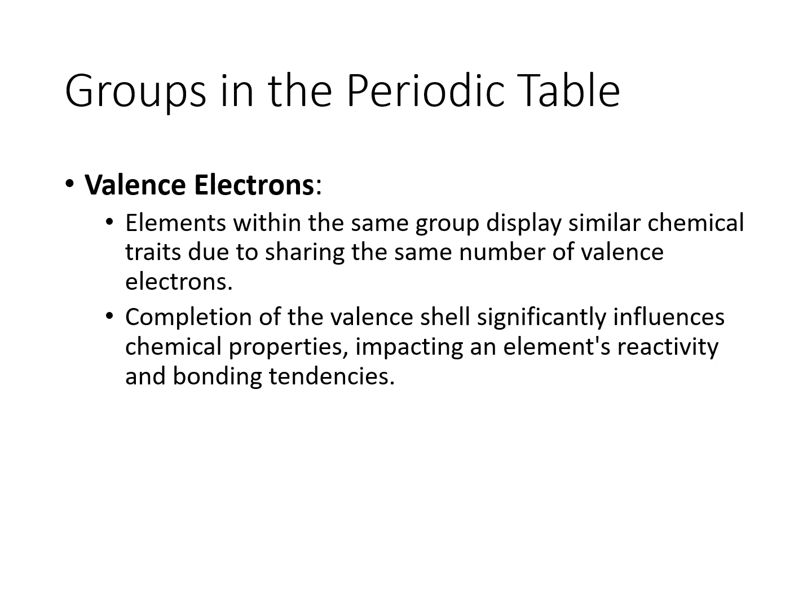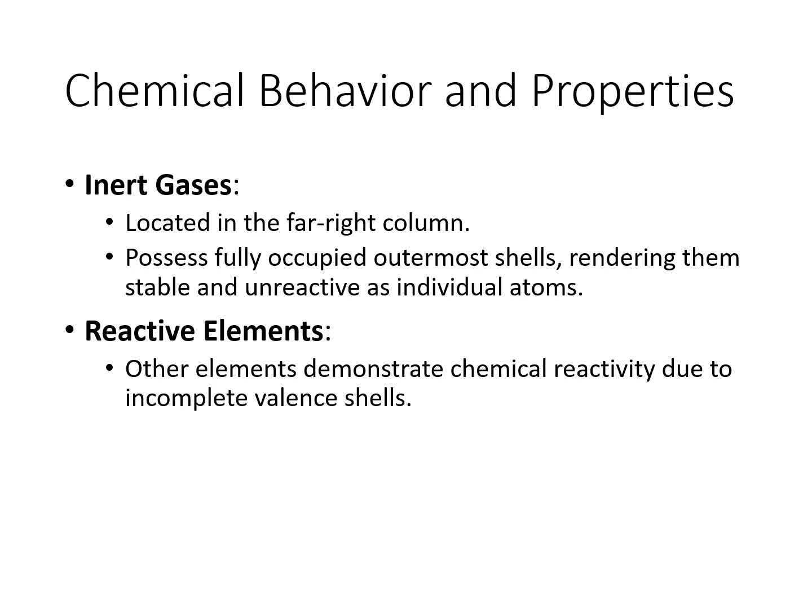So by understanding groups, we can predict how different elements will interact with each other. The periodic table helps us understand how elements behave based on their valence electrons. Inert gases, also known as noble gases, are found in the far right column.